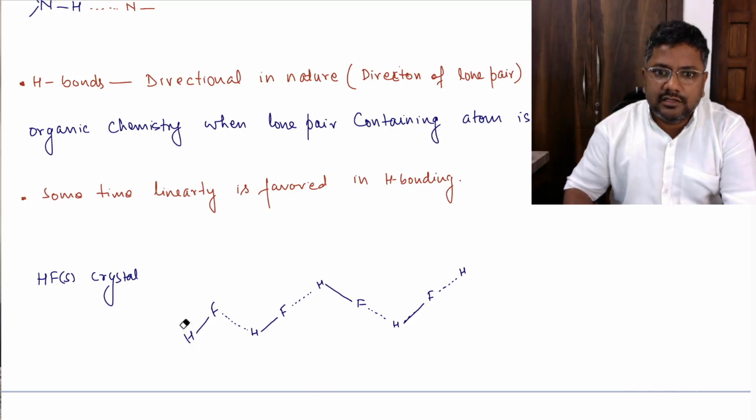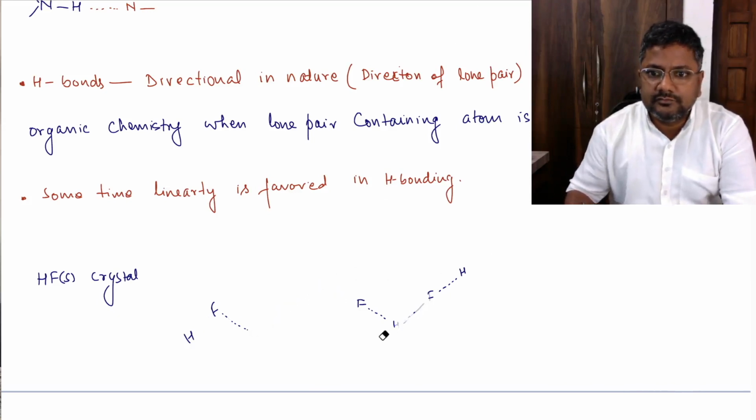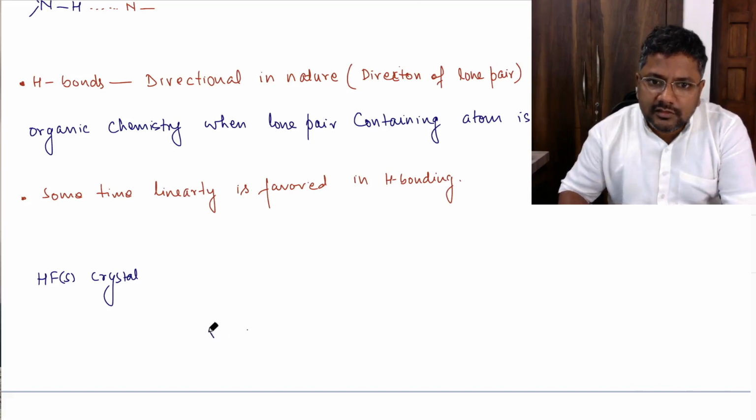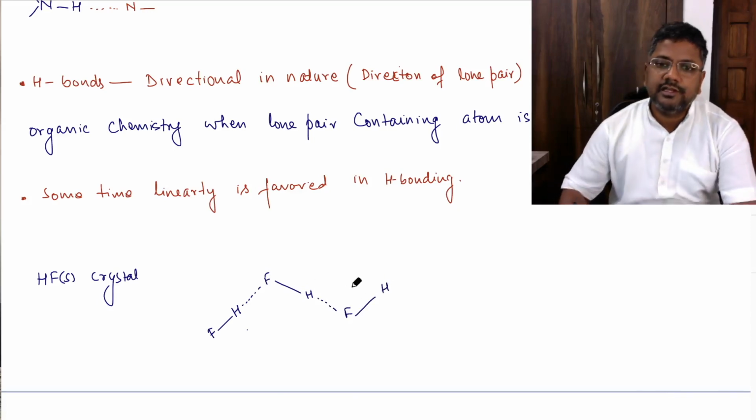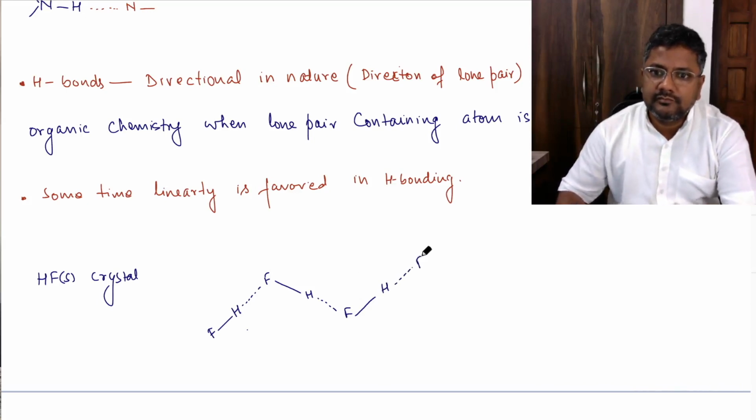So I have F, H, right? And then F, H, F, H, right? This type.